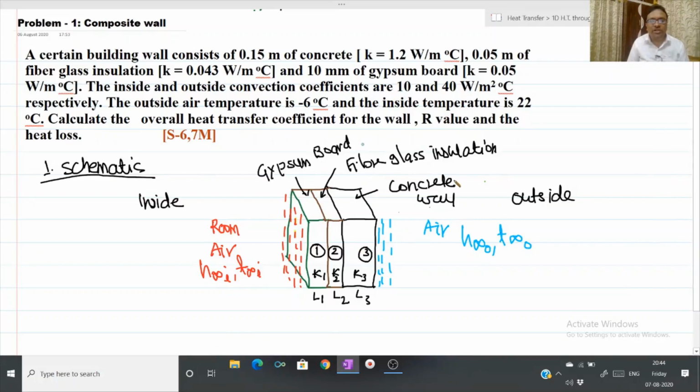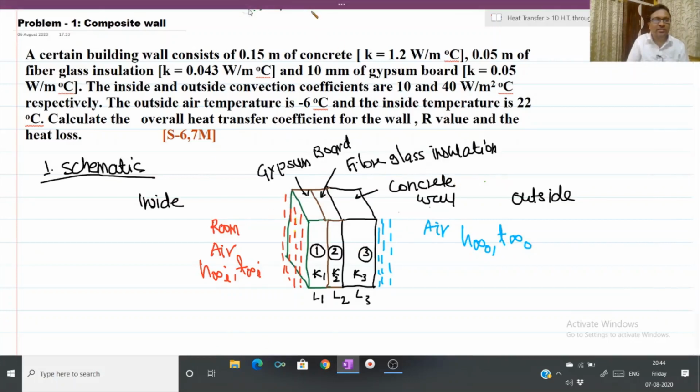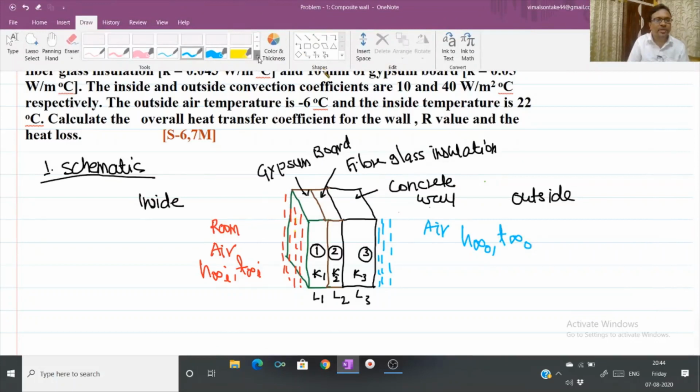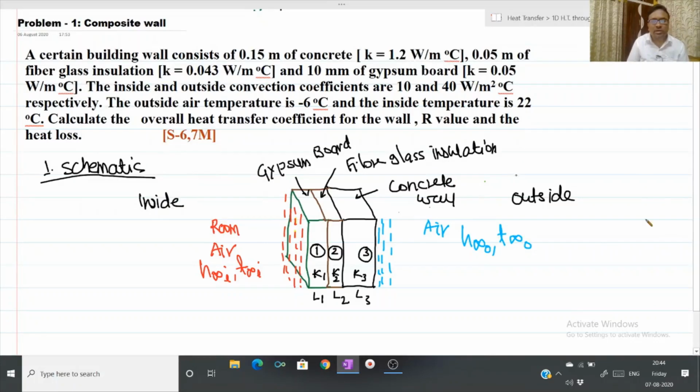From the problem statement, it is clear that T infinity i is greater than T infinity o. So heat transfer will take place from the left hand side at the rate of Q to the right hand side at the same rate.